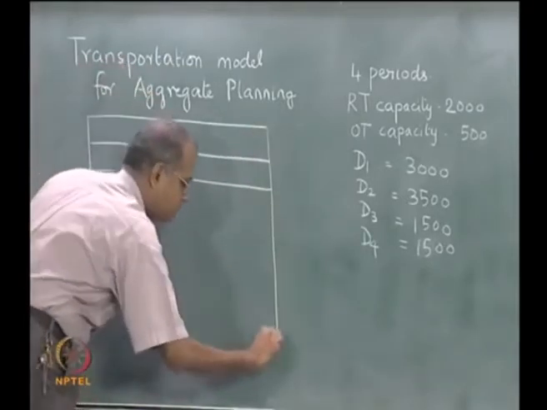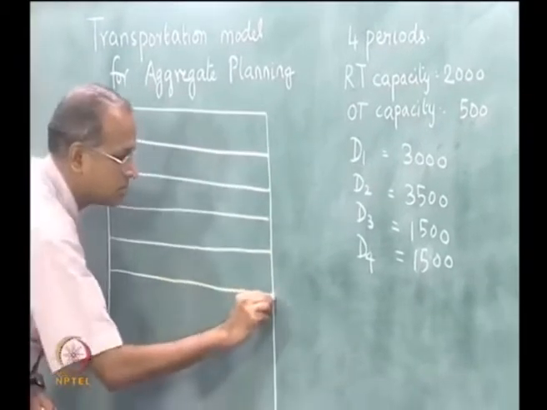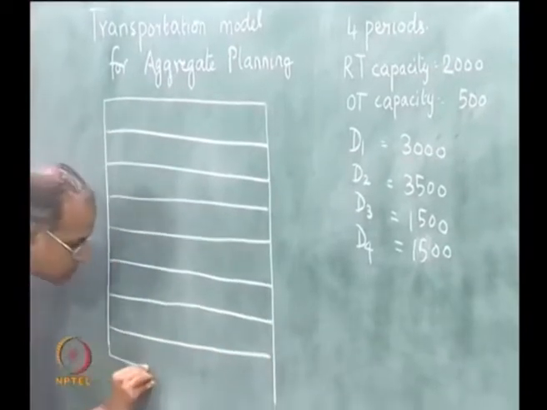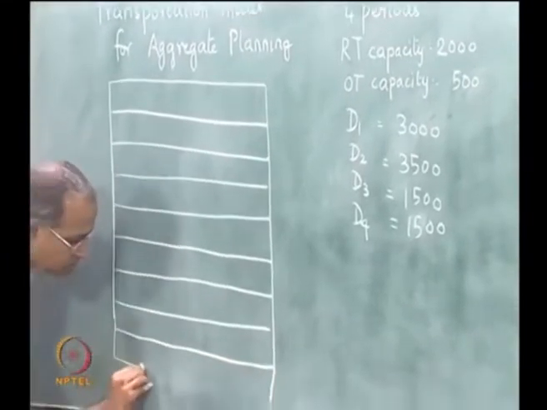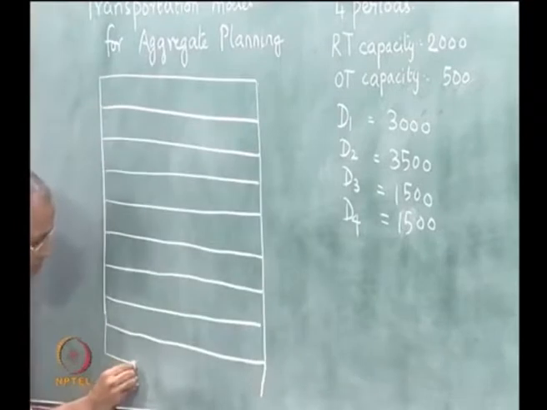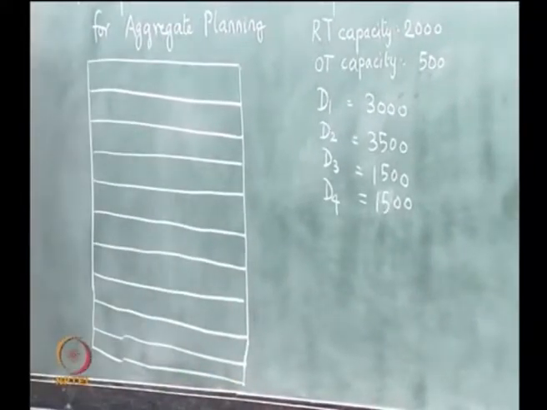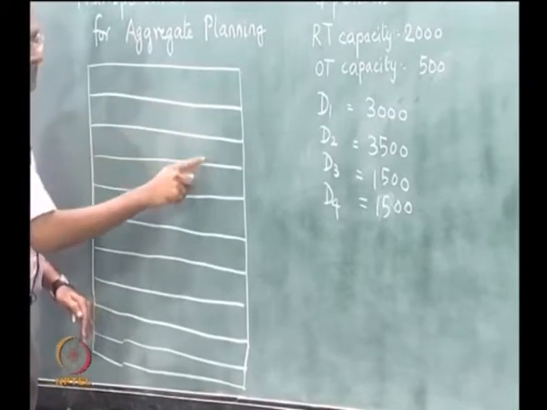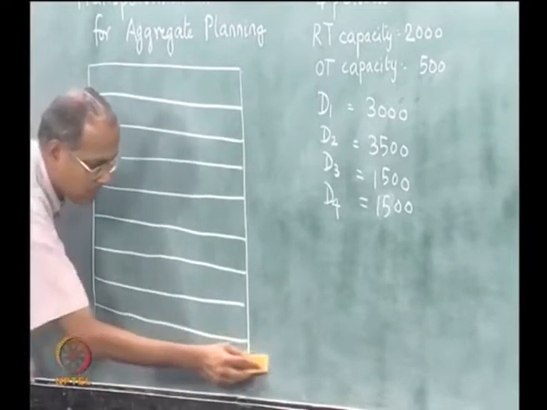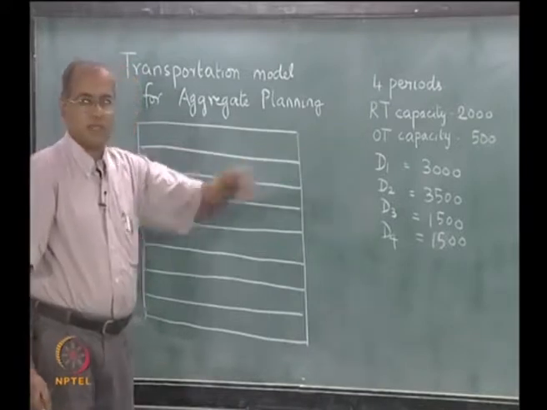So there are 4 periods. Each period has a regular time capacity and an overtime capacity which are the supplies.